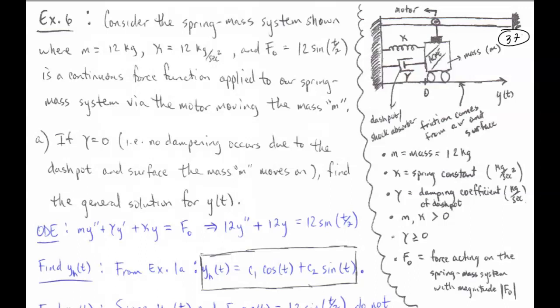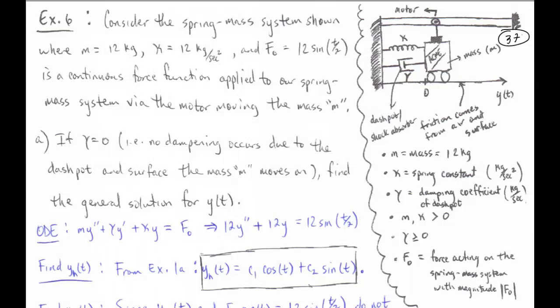In this last example, I want to transition to showing you a force function that does not have the same operating frequency as the actual spring mass system. In other words, we're going to see an example where the natural frequency of the spring mass system does not match the frequency of the external force function that's being applied to the system.